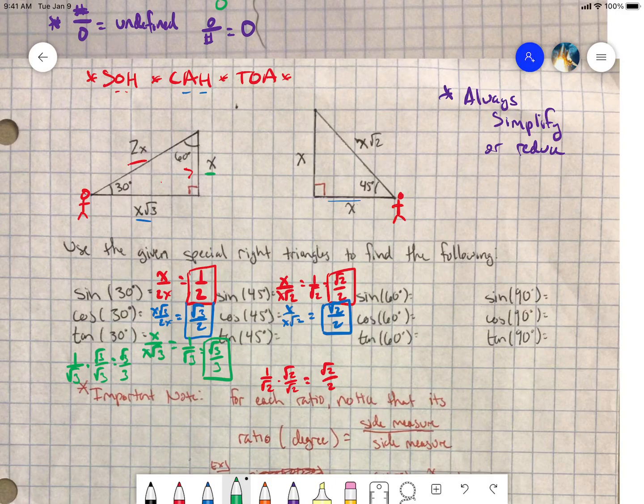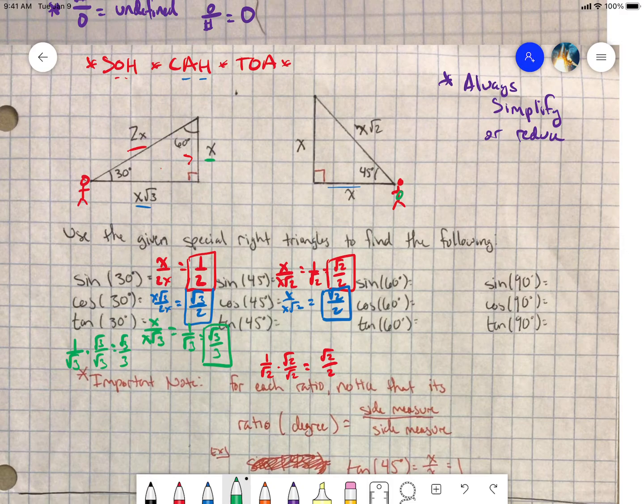Tangent of 45 degrees. So what's the opposite side of the 45 degrees? X over x rad 2.